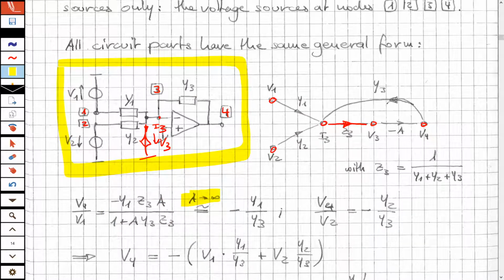Then you will, of course, get the very well-known solution from one of the voltages to the output. It will be minus the forward admittance divided by the feedback admittance. So this is minus Y1 divided by Y3. And from the other input, it is minus Y2 divided by Y3.